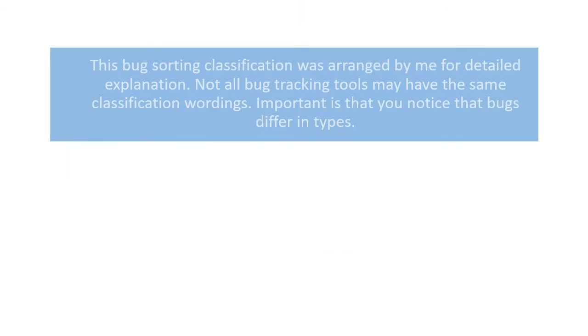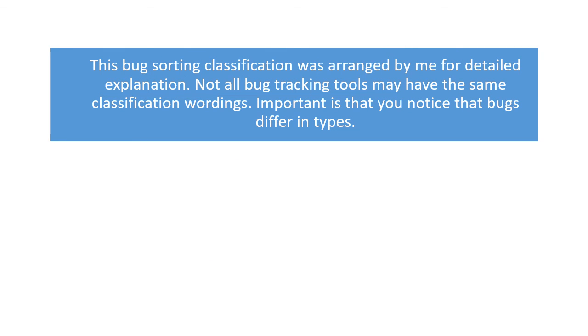This bug sorting classification was arranged by me for detailed explanation. Not all bug tracking tools may have the same classification wordings. Important is that you notice that bugs differ in types. Always add the bug type according to the bug tracking tool you are using.